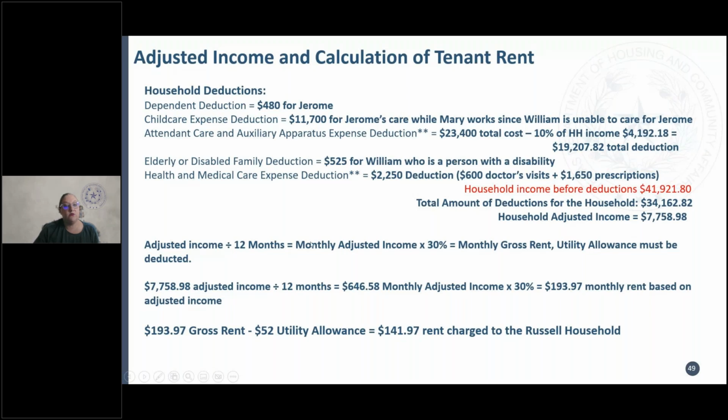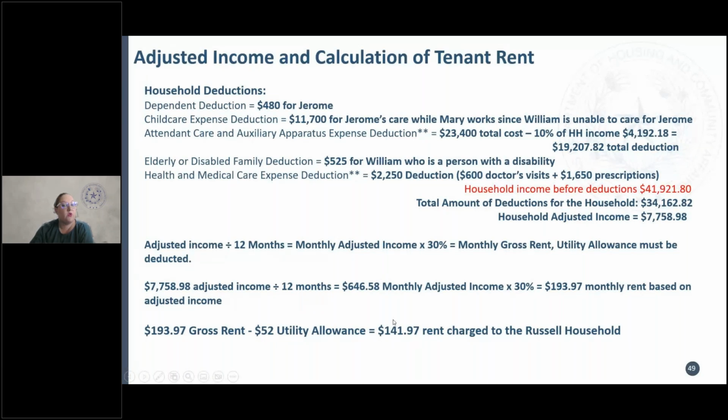So to calculate rent, we need to take the adjusted income divided by 12 months to get the monthly adjusted income, times 30% to get the monthly gross rent. And then we've got to deduct our utility allowance. So our adjusted income of $7,758.98 divided by 12 months gets us $646.58 monthly adjusted income, times 30% gets us $193.97, minus the $52 utility allowance, which is fabricated, but we're going to go with that, gets us a total rent of $141.97.